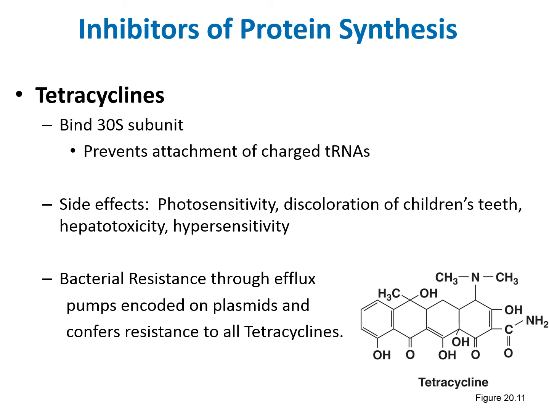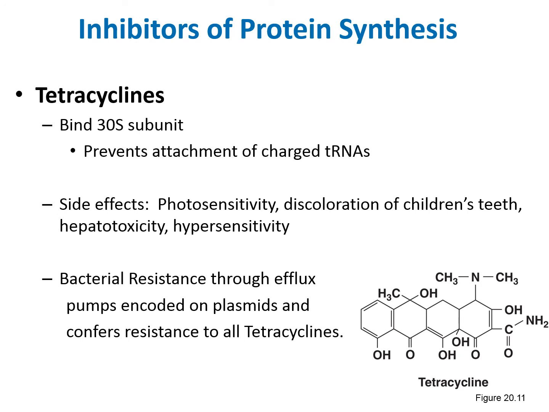So your tetracyclines work by binding the 30S subunit, that's that small subunit of the ribosome, and they prevent the attachment of charged tRNAs to the ribosome. So what's a charged tRNA? These are basically tRNAs or transfer RNAs that have amino acids attached.